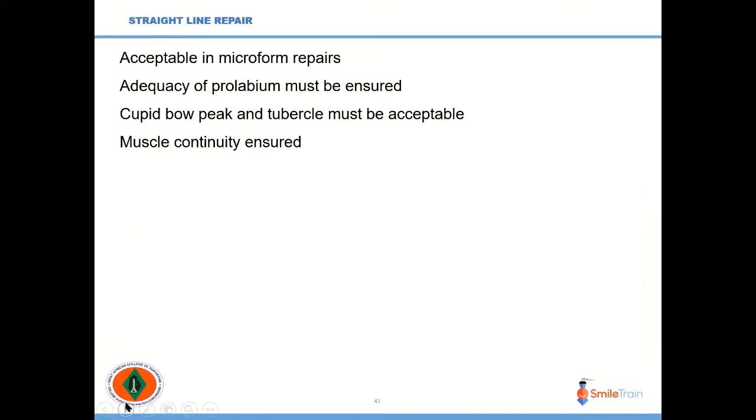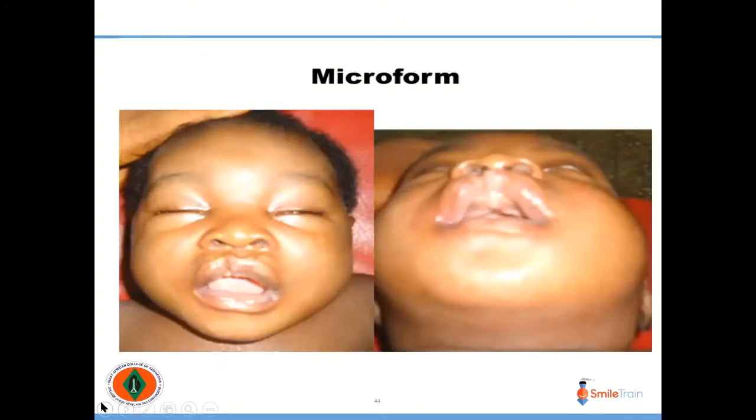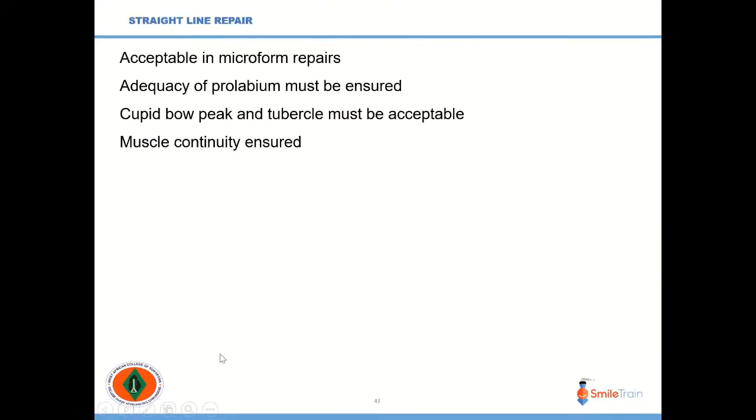Next, I'll now show you a patient that we had with microform. In straight line repairs, I use that just for microform. That's when the adequacy of the prolabium can be ensured, and you can also see to it that the cupid's bow, peak, and tubercle are acceptable, and that you can have muscle continuity.